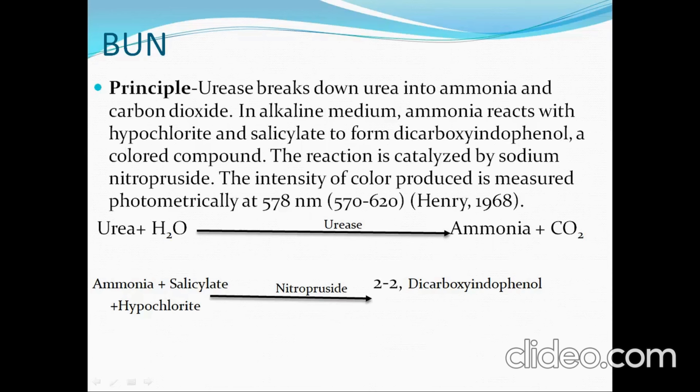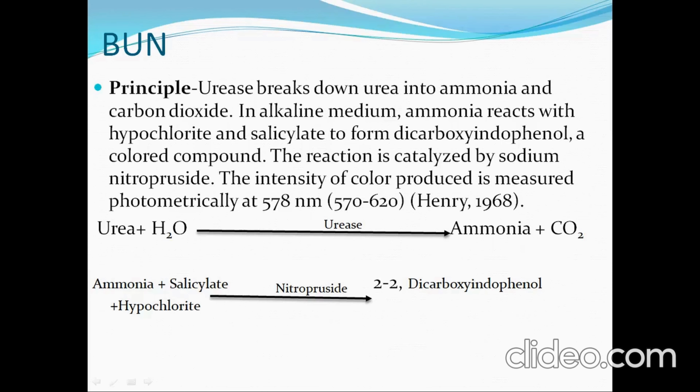Principle behind that, the urease breaks down the urea into ammonia and carbon dioxide in alkaline medium. Ammonia reacts with hypochlorite and salicylate to form dicarboxy-indophenol, which is a color compound. The reaction is catalyzed by sodium nitroprusside. The intensity of color produced is measured photometrically at 578 nanometer and between the range of 570 to 620 nanometer.